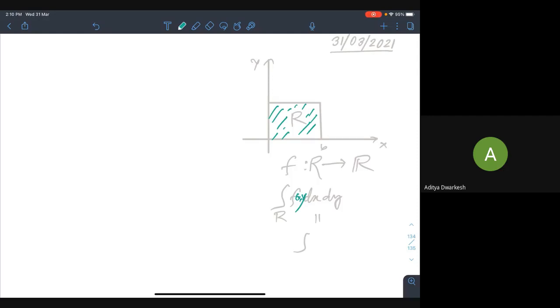Since I have taken 0, this is the x-axis, this is the y-axis, so it would be 0 to A, and this is 0 to B. So here first 0 to B, and then 0 to A, f of x, y dx, then dy. You will define it this way.